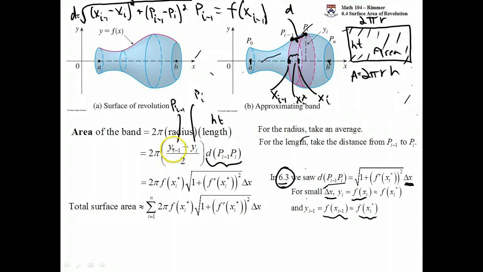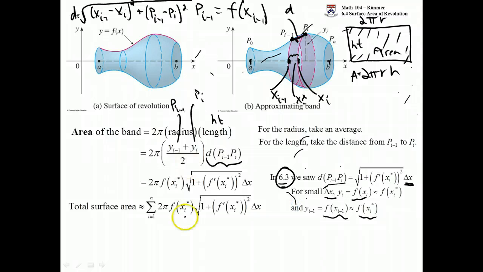So y sub i minus 1 is pretty much f of xi minus 1, and that's pretty much f of xi star. The other guy, y sub i, is f of x sub i, and that's pretty much f of xi star also. So we have two of these guys divided by 2, and so the 2's cancel and we just get f of xi star.